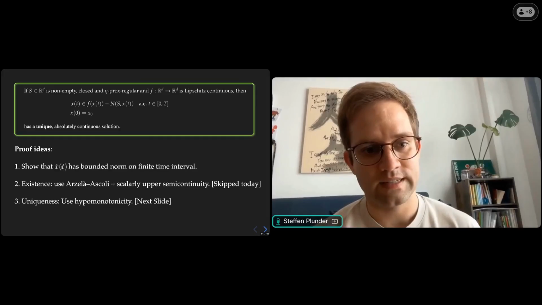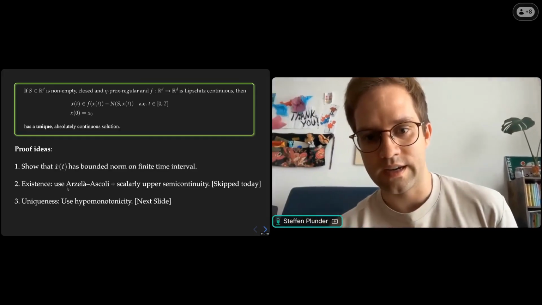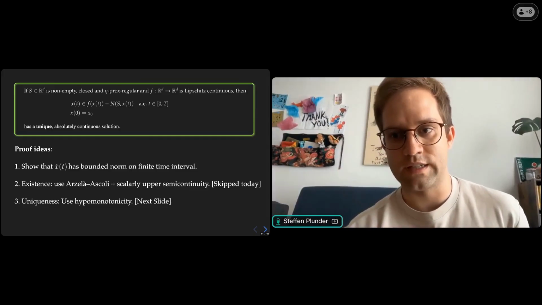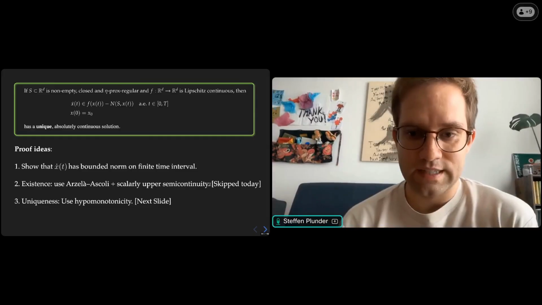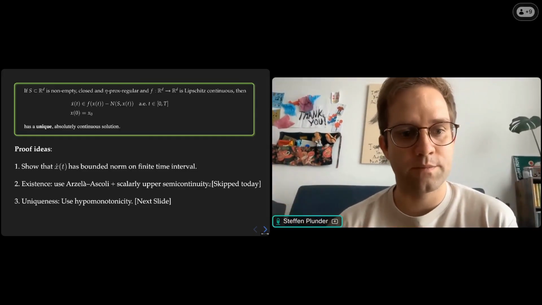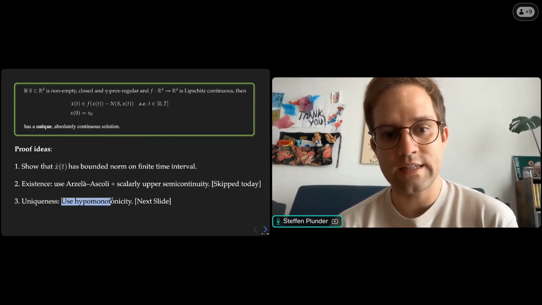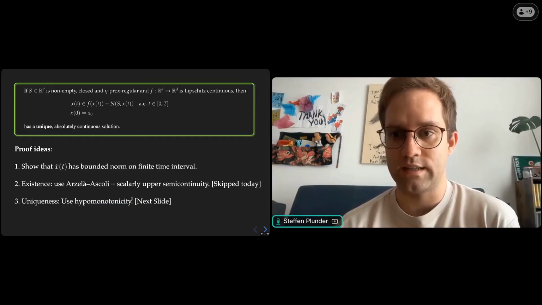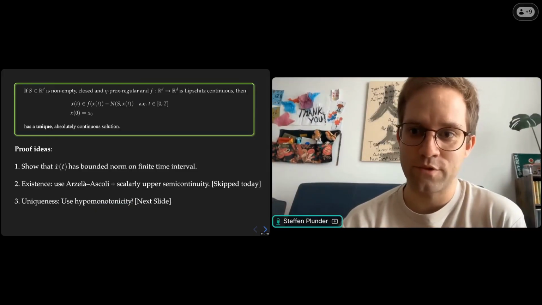And once we have that these have a bounded norm, one can use something like Arzela-Ascoli and a weird form of continuity. I will skip that today because it's a bit technical to write down. But it follows ideas from the Peano theorem for differential equations. And for uniqueness, we use the hypomonotonicity. And this is very simple, so I want to show just the uniqueness proof.